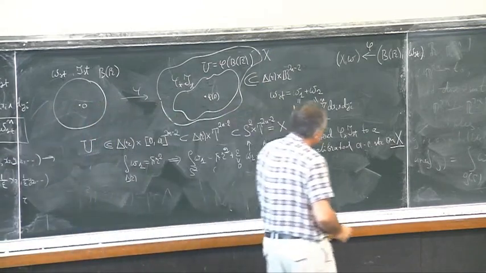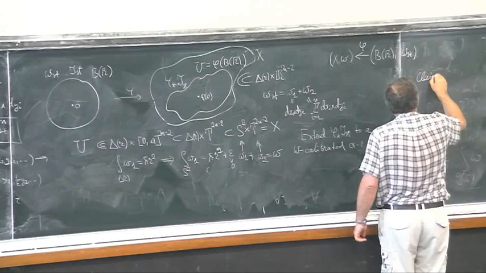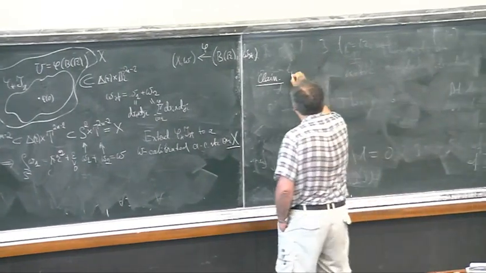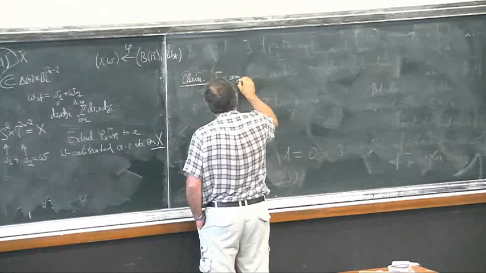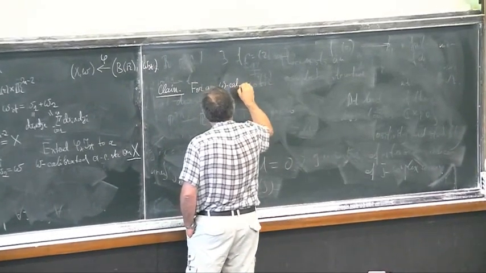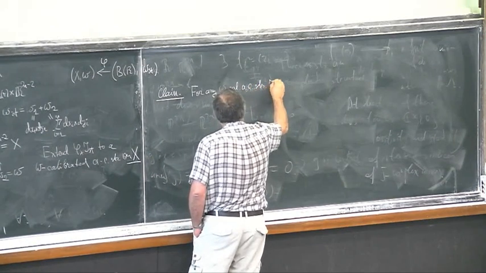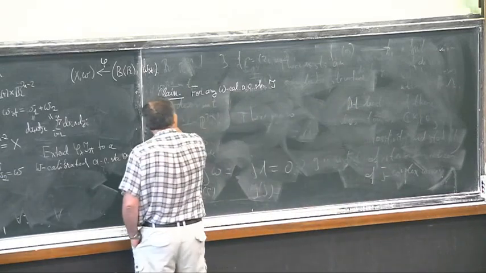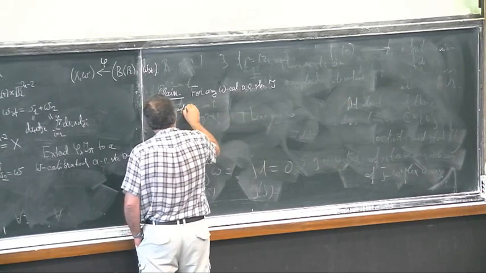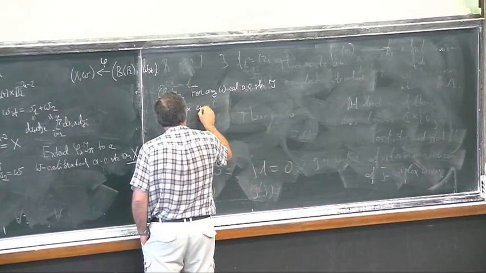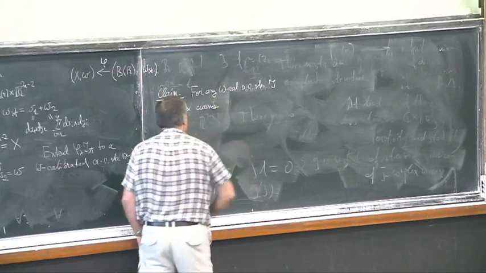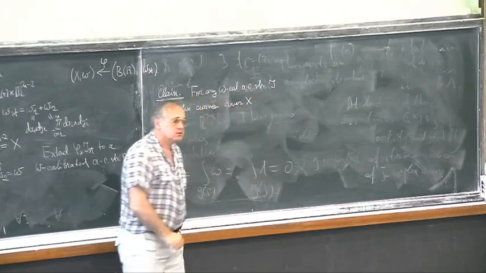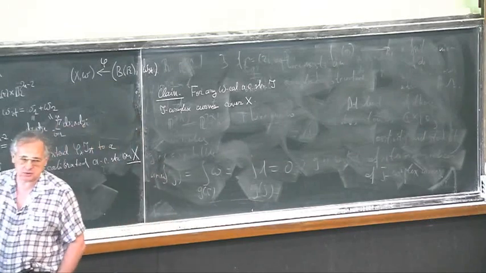Now the claim: for any omega-calibrated almost complex structure J, J-complex curves cover X. Through any point of X, you can pass a J-complex curve.